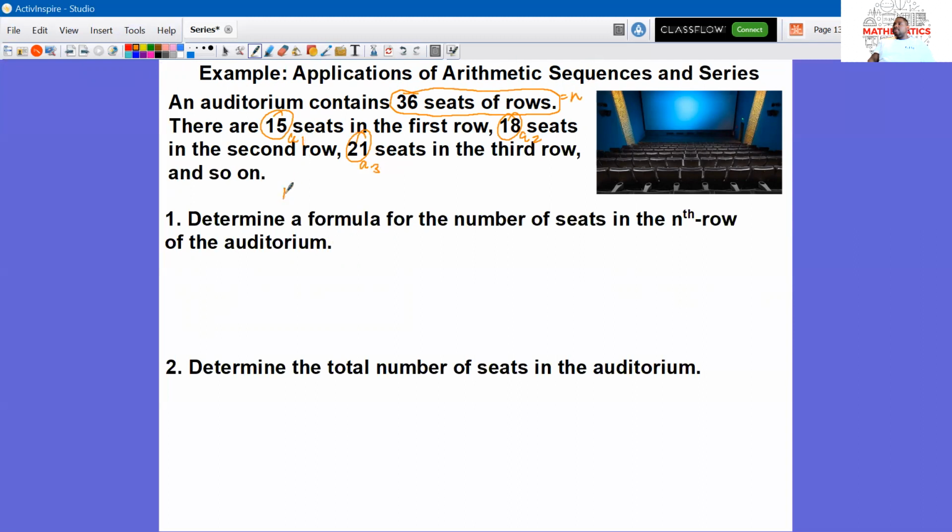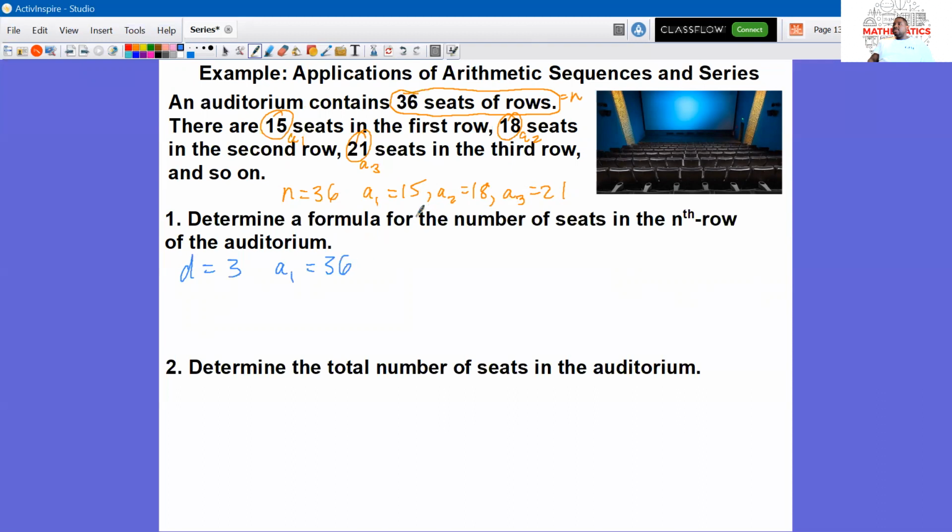So n is 36, A1 is 15, A2 is 18, and A3 is 21. Based on this, it follows a pattern, and it looks like it's adding 3 each time. So the common difference is 3.